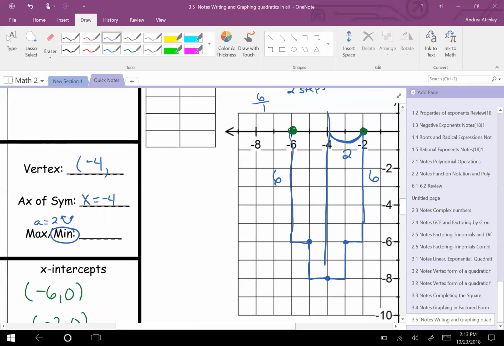Down 1, 2, and over 1. Okay, so now I have my parabola.